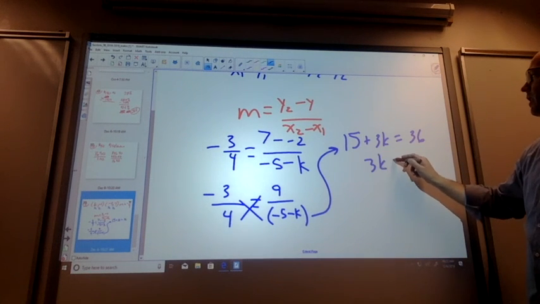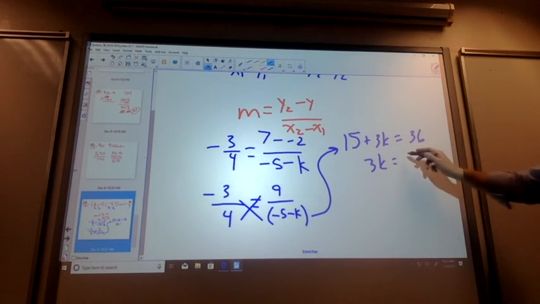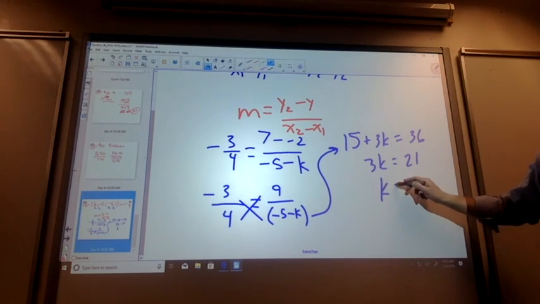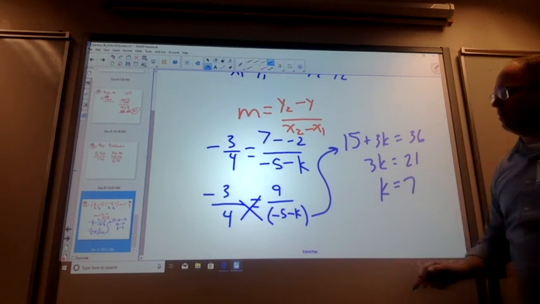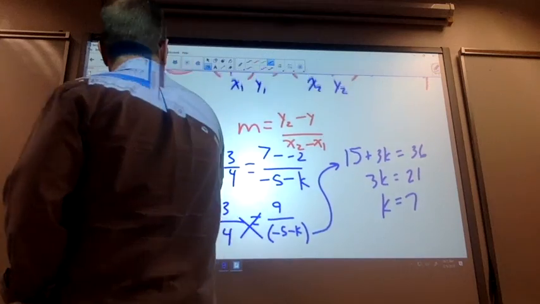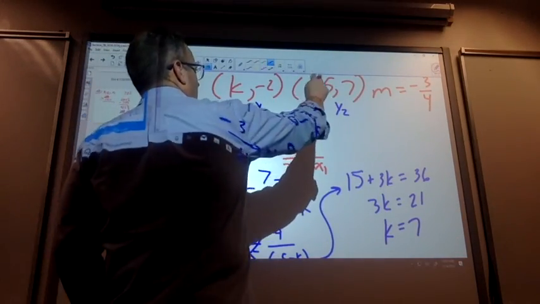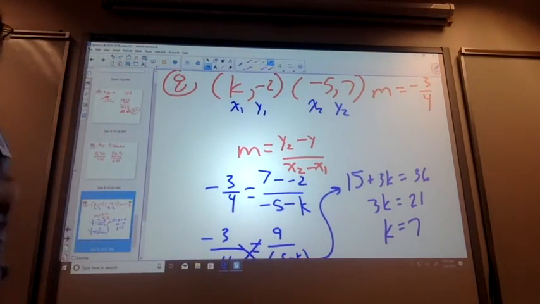Subtract 15. So that's going to be, what is that, 21? So I find that k equals 7. So my points of 7 comma negative 2 and negative 5 comma 7 will have a slope of negative 3/4. Anything else on that page?